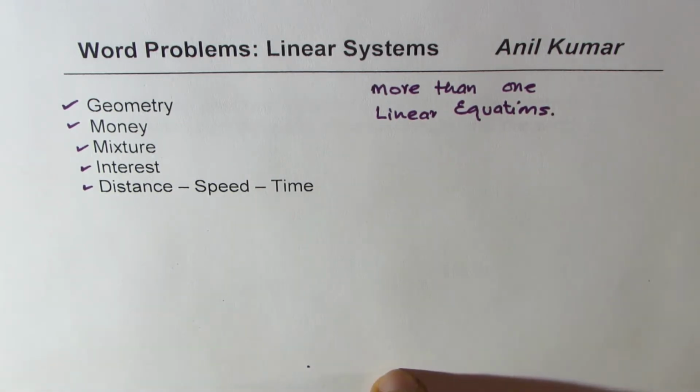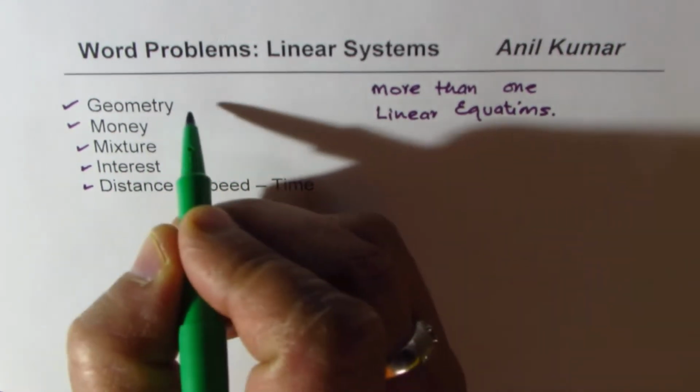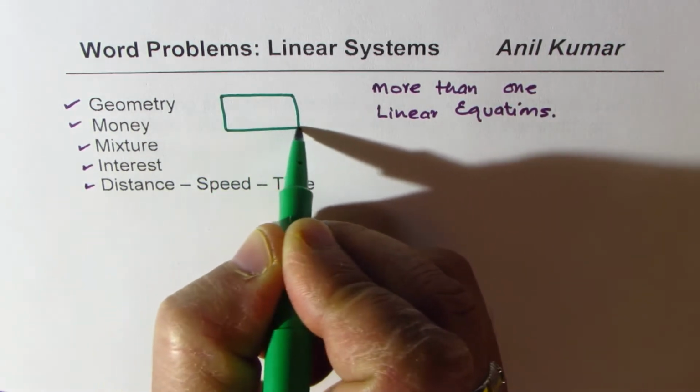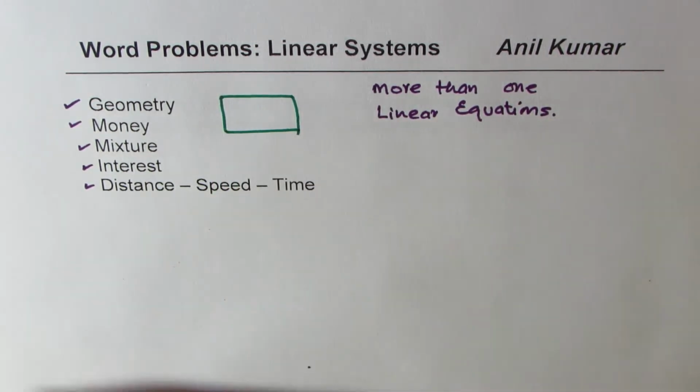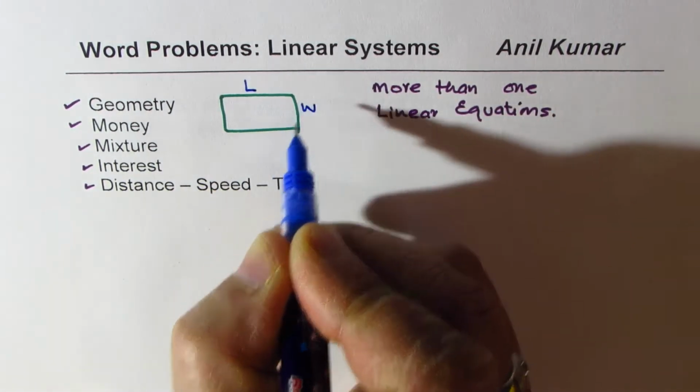When we talk about geometry, we'll take some shapes. We'll begin with a rectangle and see how length and width are related from the word problem. The two variables will be length and width.